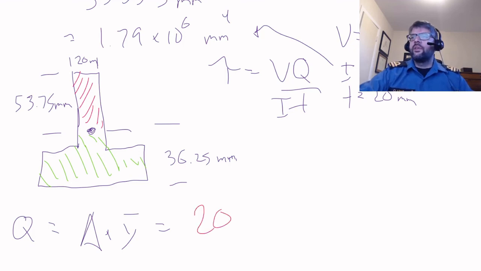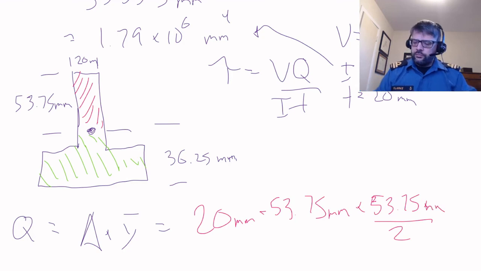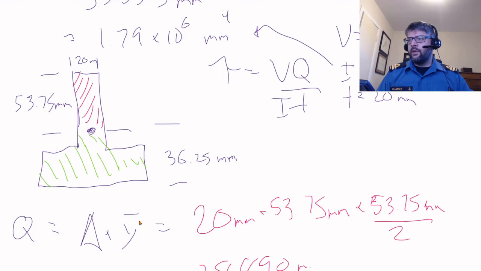Area 20 millimeters times 53.75 millimeters, times the Y bar, which will be 53.75 divided by 2 millimeters. So that should be 28,890 millimeters to the third.